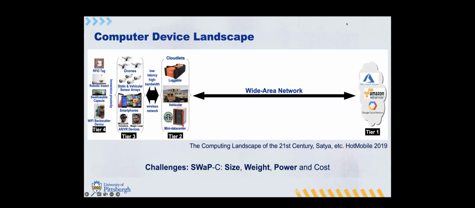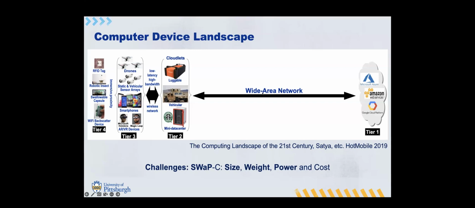On the right-hand side, we have all these cloud servers, and then we have these edge servers. And on the more left-hand side, it's more related to the devices that we are concerned about, like drones, smartphones, AR, VR devices. And then if we push this further to the left-hand side, we have RFID tags, robotic insects, swallowable capsules or backscattering devices.